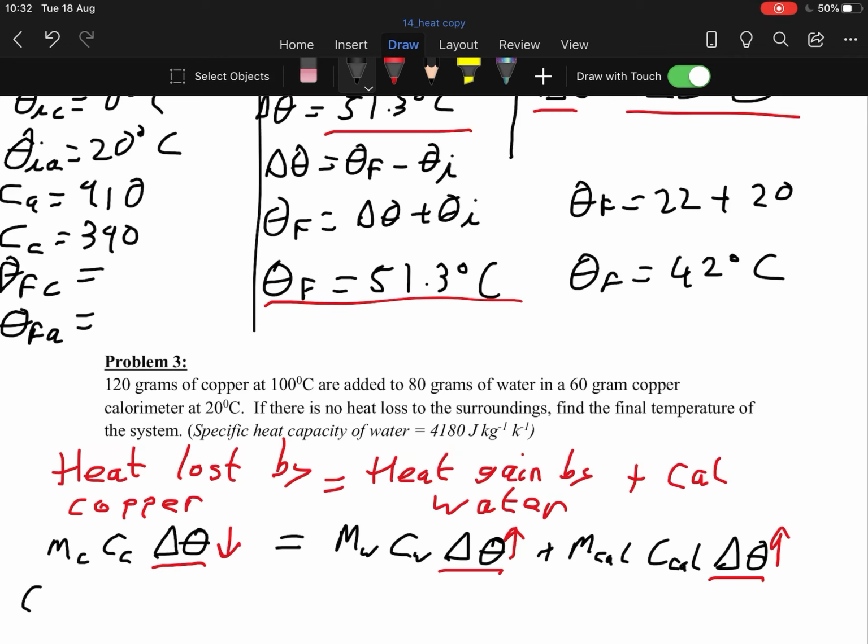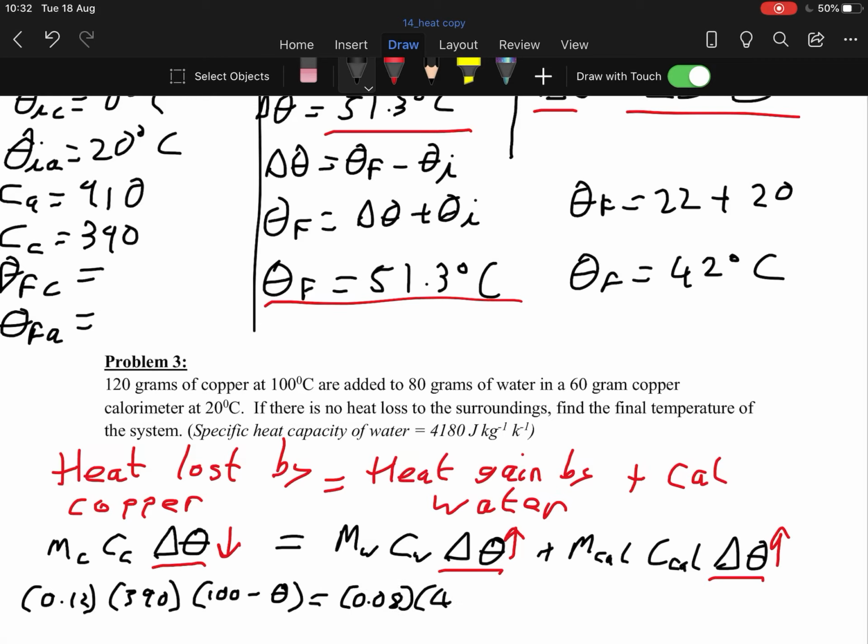So mass of the copper is 0.12. Heat capacity is 390. Because we're losing heat, what did I say? If you're losing heat, it's your initial minus your final. Mass of the water was, where did I have the water here? 0.08.